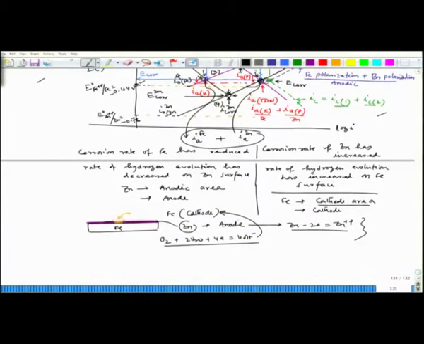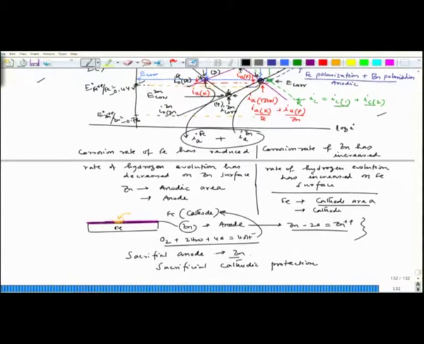This particular method of protecting the iron surface, we call it sacrificial anode. Zinc becomes the sacrificial anode, and this is called sacrificial cathodic protection.